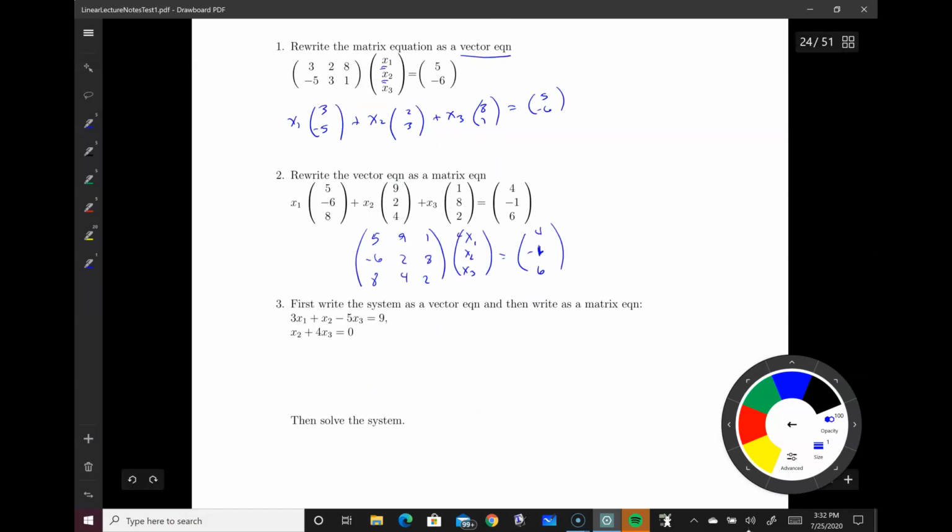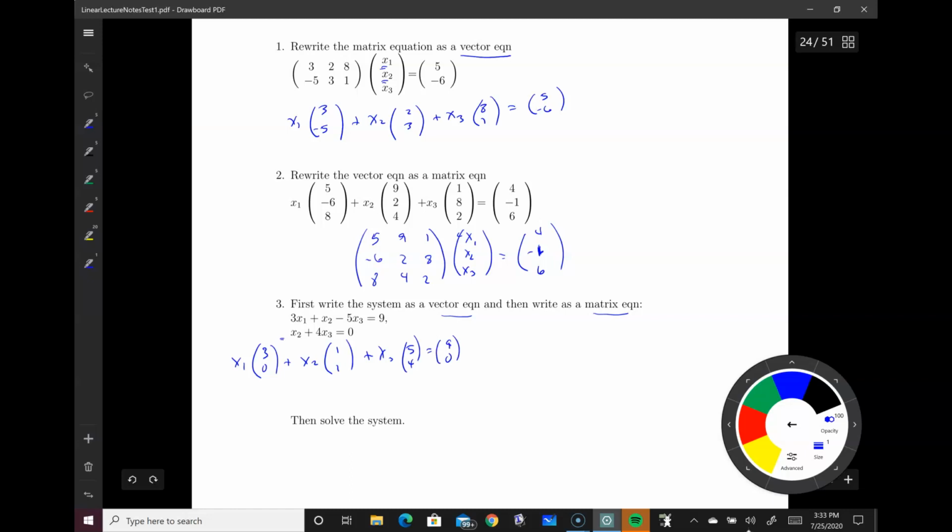Okay, so first, this one here, I'm being asked to write it as the vector equation and then as the matrix equation. So the vector equation would be x1 times 3, 0, right? Because there's no x1 term here. x2 times 1, 1. x3 times negative 5, 4, equaling 9, 0.